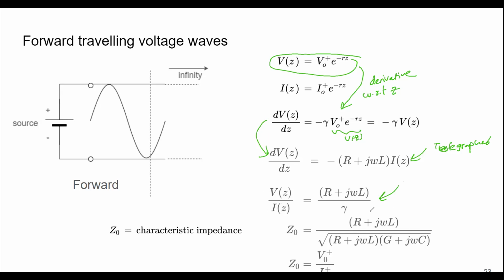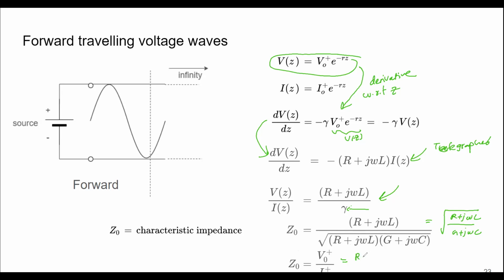And by solving these two, and by substituting that gamma is the square root of R plus j omega L into G plus j omega C, we can obtain the relationship that Z naught is equal to the square root of R plus j omega L divided by G plus j omega C. And then we also denote Z naught with respect to the voltages and currents as the ratio between the forward going voltage and the forward going current, right?